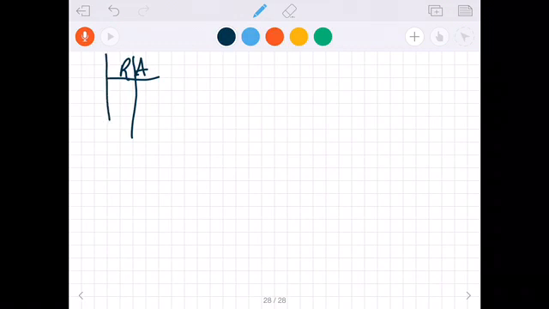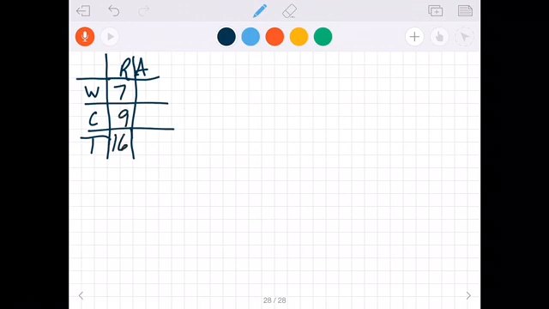And over here, we are going to have wheat. I'll just use W. Corn, and total. So his ratio is 7 wheat for every 9 corns, and our total makes 16. That's just the sum of 9 and 7. And in total, he has 640 acres.